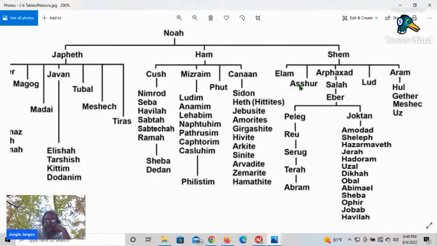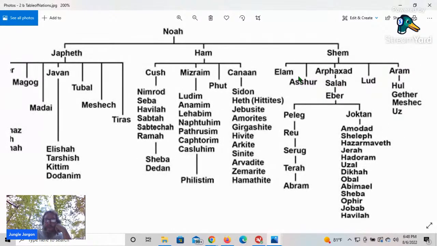Elam and Asher were born before Lud and Aram, but according to the genetics, Arphaxad was born first because Noah had Japheth, then he had Shem. Shem had Arphaxad, then there was a mutation and the other children were born.